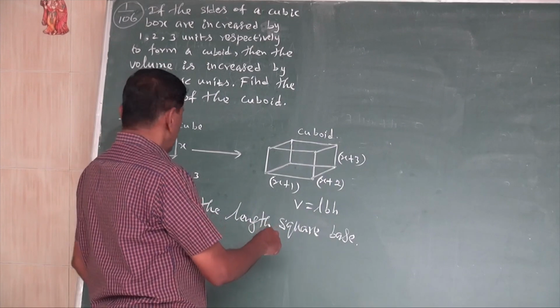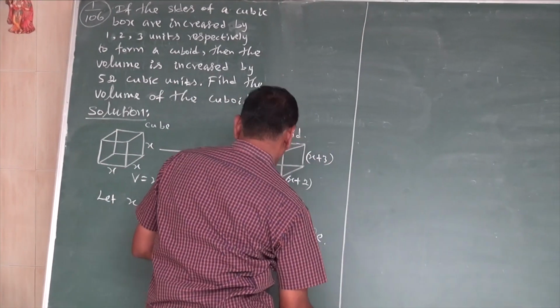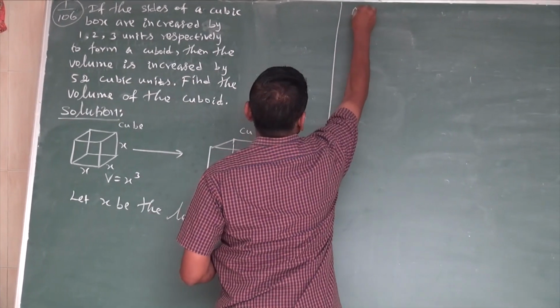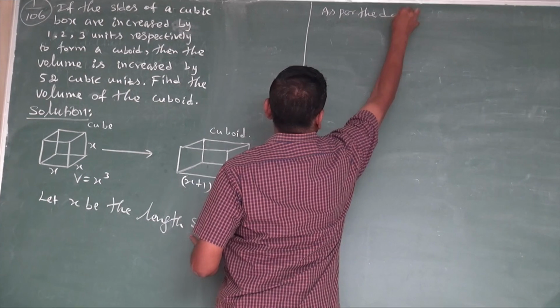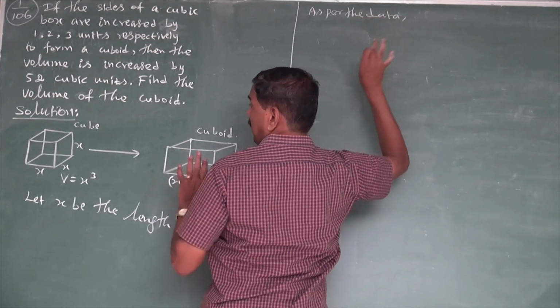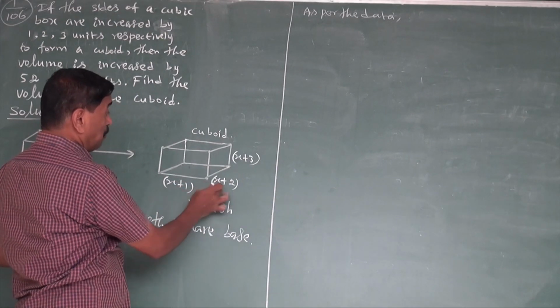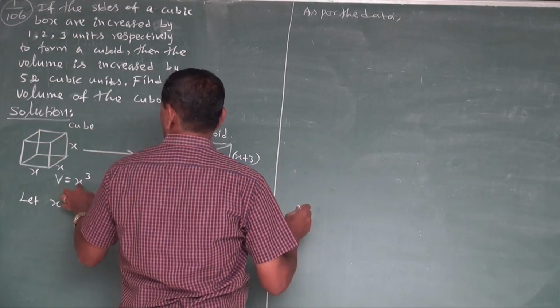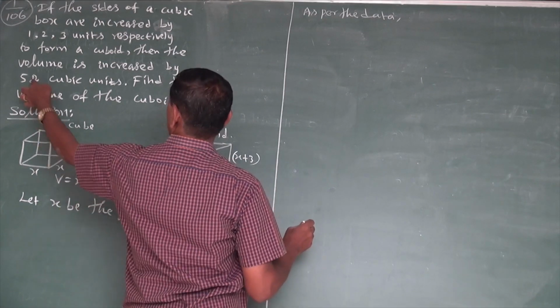Now, as per the data, we have the volume of the cuboid, L into B into H, equal to the volume of the cube plus 52 units.